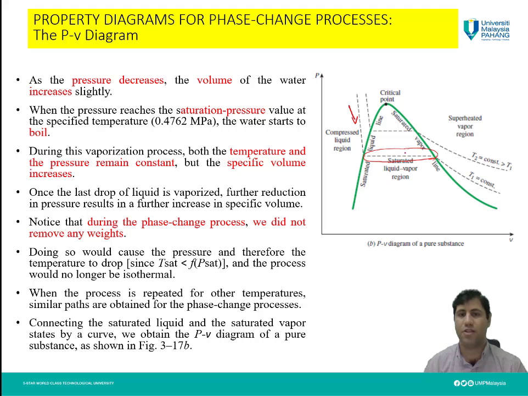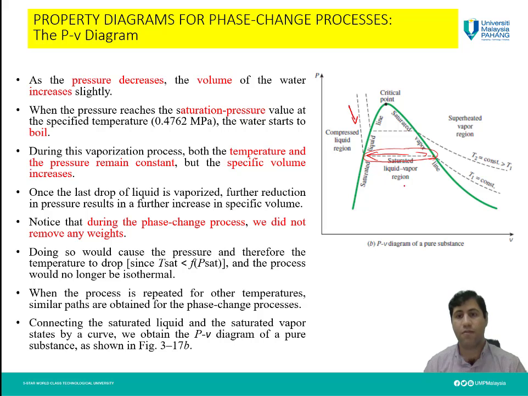So the phase changing starts here from liquid. We have saturated liquid here, then it starts to boil, and the phase is changing from liquid to vapor during this process. In this area, the volume is increasing, but the pressure will be constant in this part, until all of the liquid water is vaporized. When it is all evaporated, we will have a saturated vapor here.